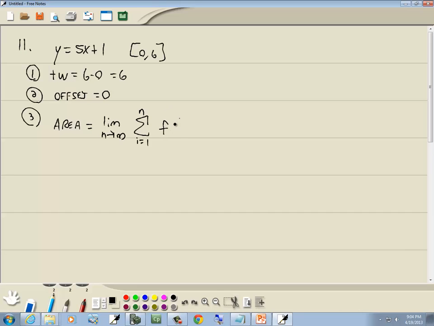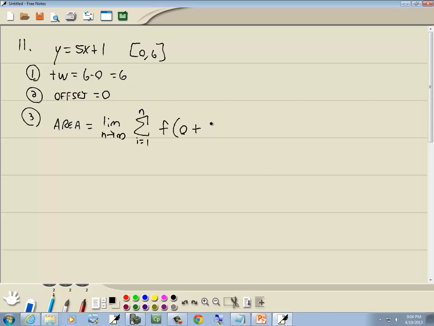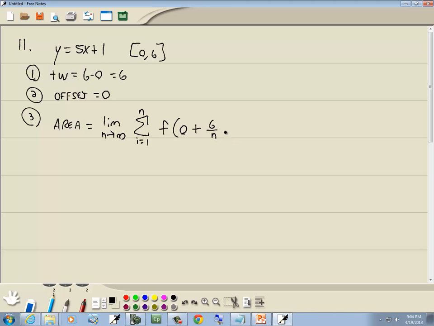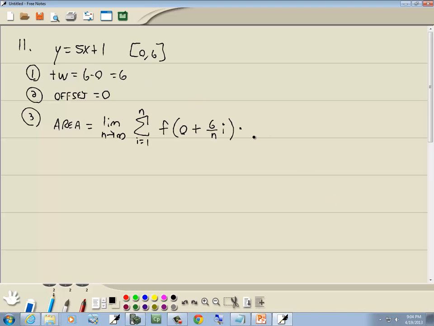So we got f of our offset. We said our offset was 0 plus TW. TW we said was 6 over n times i, times TW over n. TW is 6 over n.